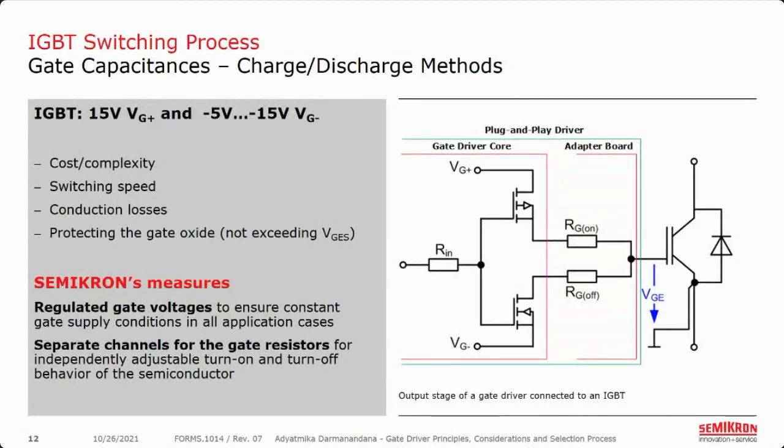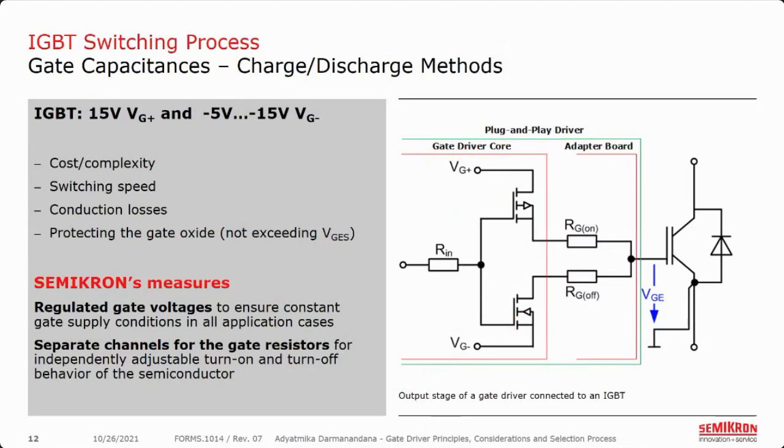Generally, IGBTs are driven with a 15-volt turn-on voltage and a -5 to -15 volt turn-off voltage. For this reason, you need two voltage supplies, one for the turn-on, the VG+, and one for the turn-off, the VG-.